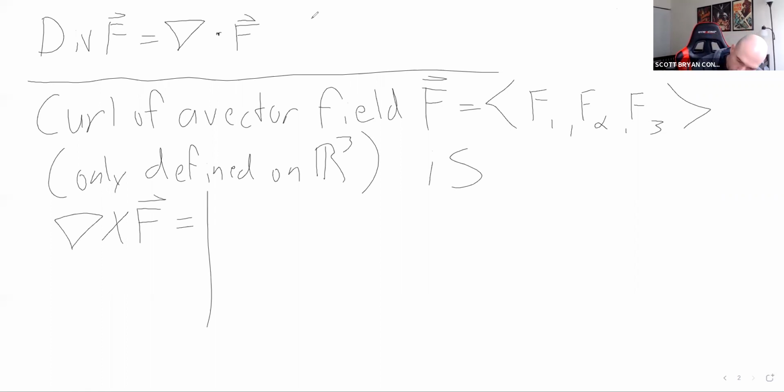So let's write out what that is. Our del is d/dx, d/dy, d/dz. And our vector field F is F1, F2, F3. So remember your plus minus plus.